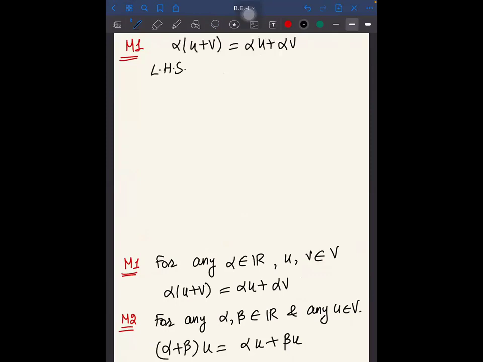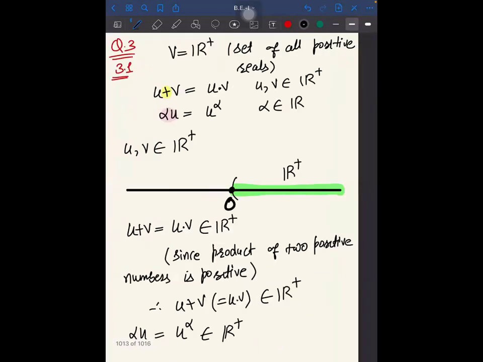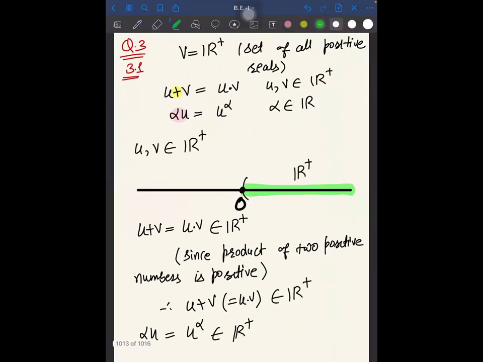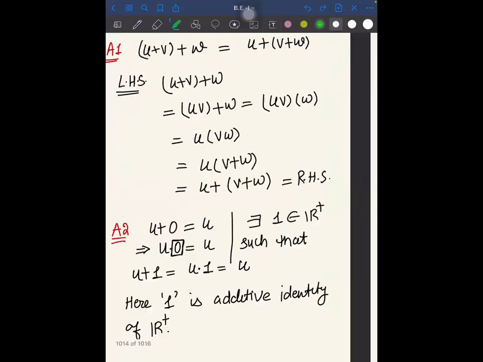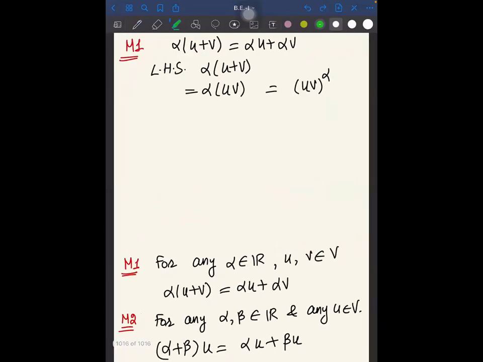So u plus v can be written as what? uv. And alpha times uv can be written in what form? uv raised to power alpha. That's what the definition of scalar multiplication given to us is: vector raised to power the scalar.